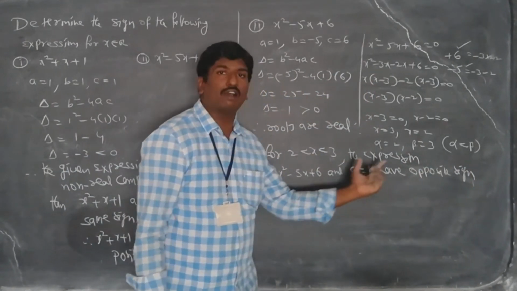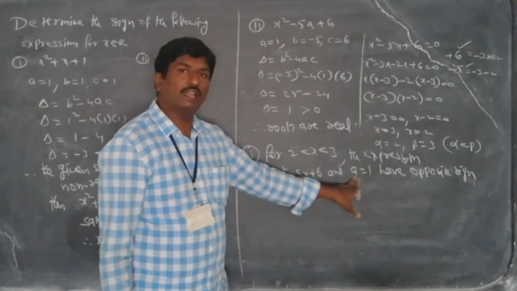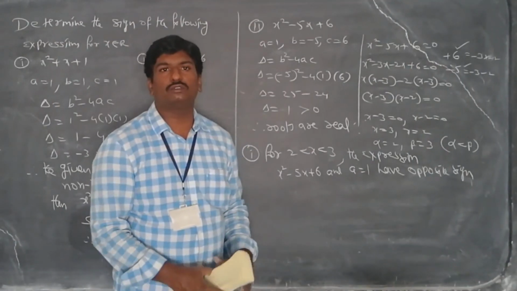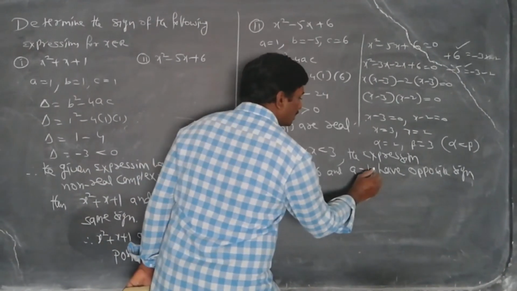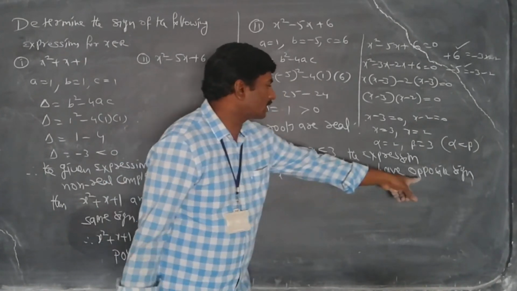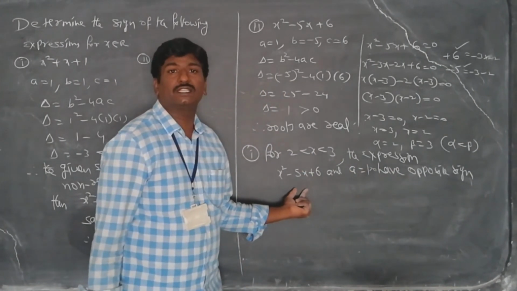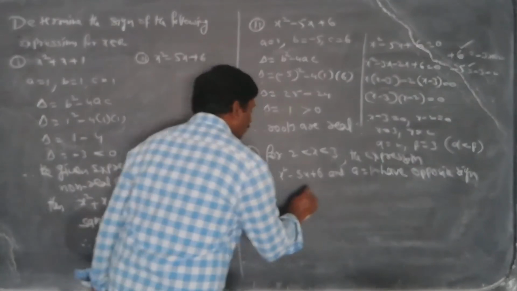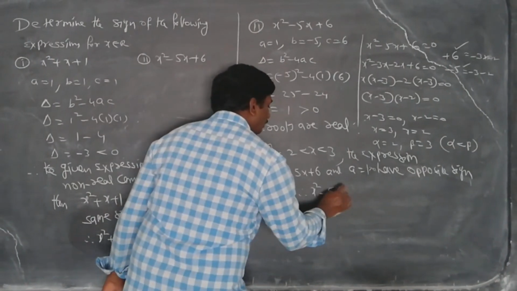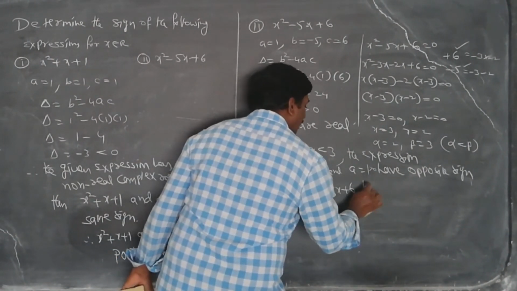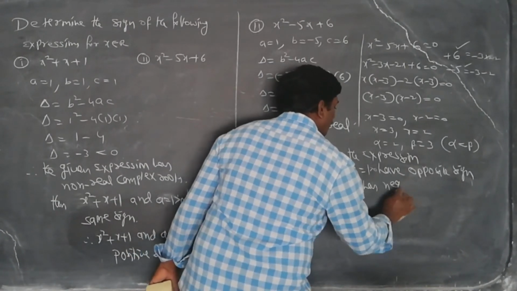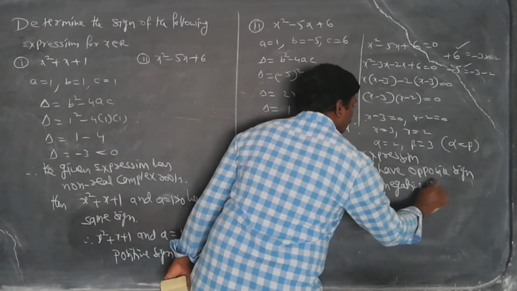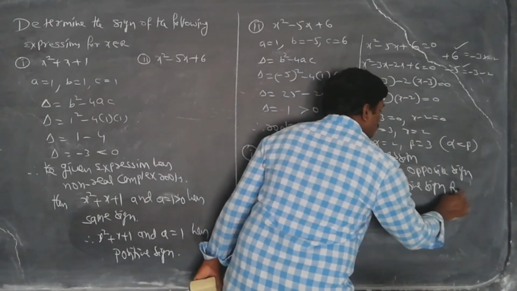So a is equal to 1, which is positive, and by this condition the expression has negative sign. Therefore, x square minus 5x plus 6 has negative sign for x belongs to R.